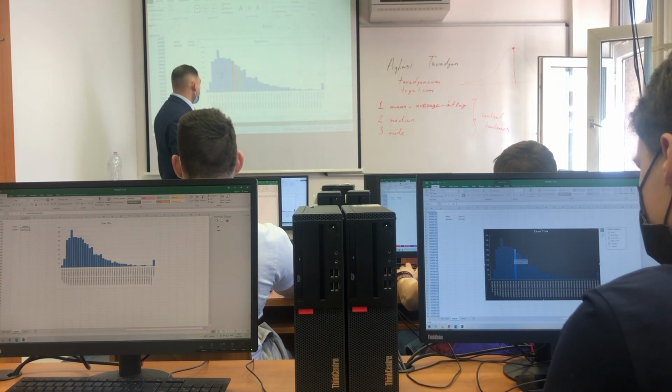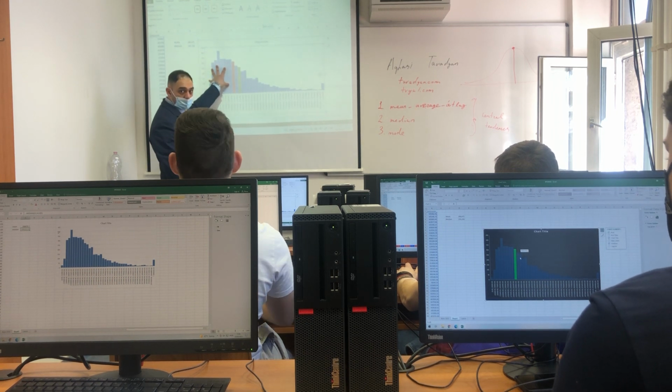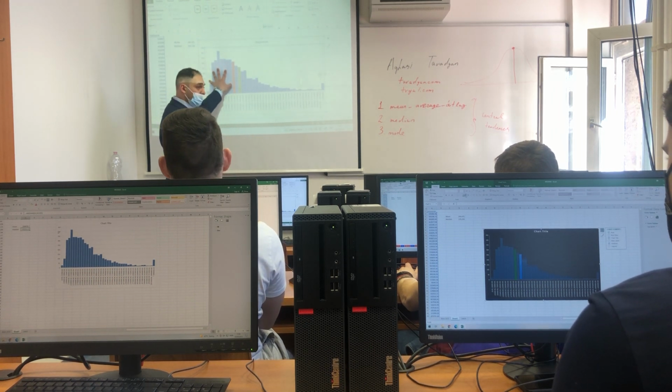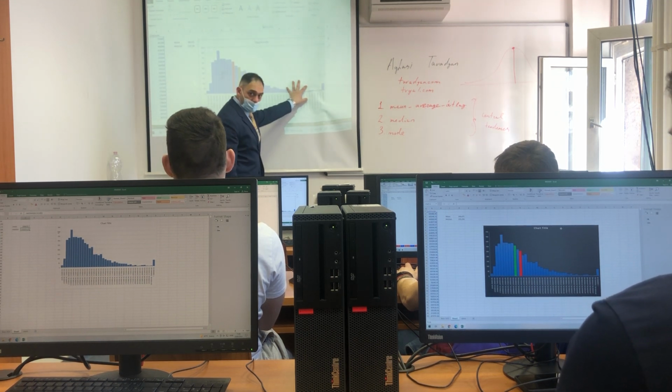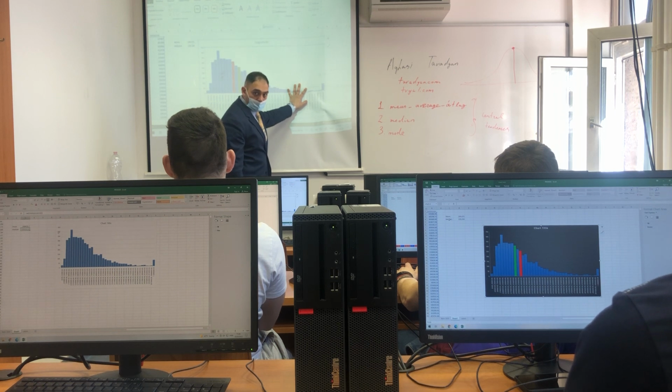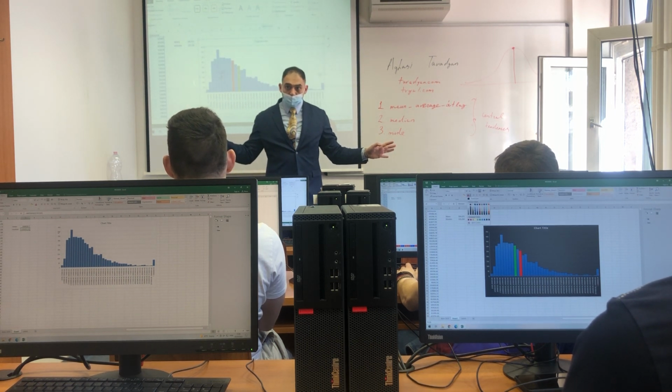What does the median do? The weight of all these bars from the left is equal to the weight of all these bars to the right. So it divides those parts equally. Okay?